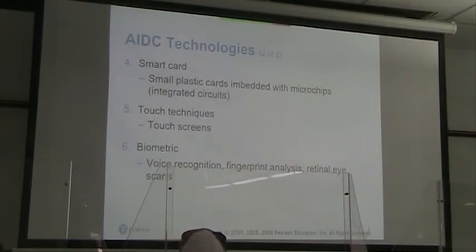Another technology is the smart card, where we have plastic cards that are embedded with microchips, and those are essentially just integrated circuits. So, for example, you may have in your wallet right now a credit card that has a chip in it.